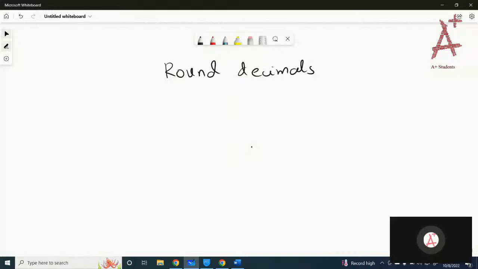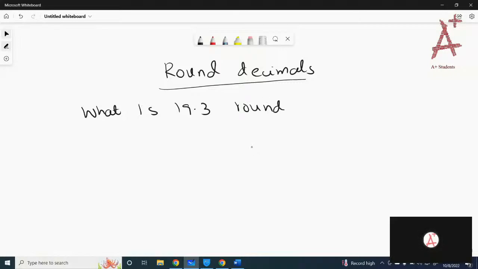Rounding decimals is a very important point when working with decimals. So let's start with rounding decimals. What is 19.3 rounded to the nearest whole number?